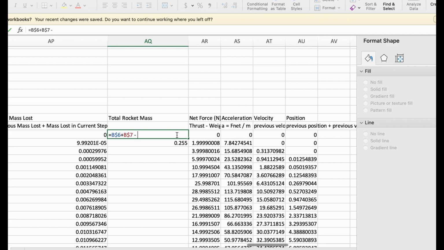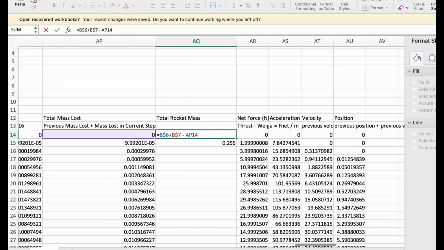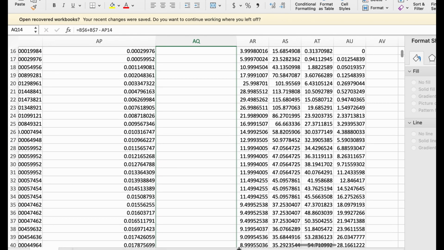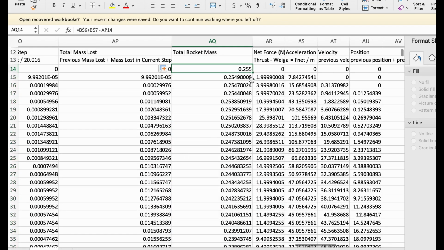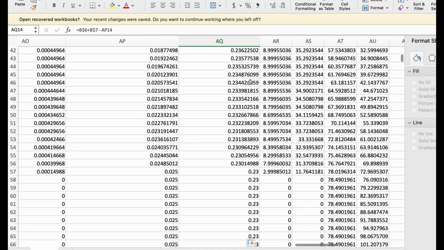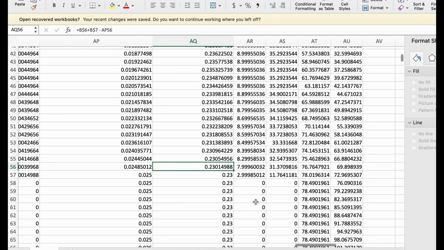So I would do minus AP14, and then just copy that all the way down. And we can see how our rocket mass goes from the largest that it will ever be, 0.255, all the way down to 0.23. Yeah, so perfect. Okay.